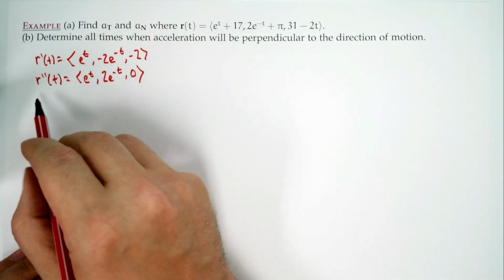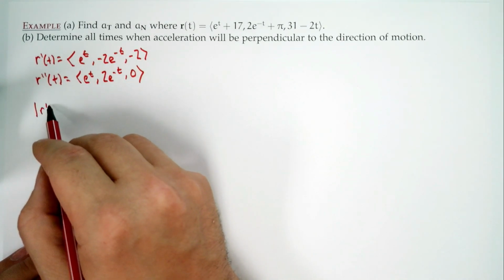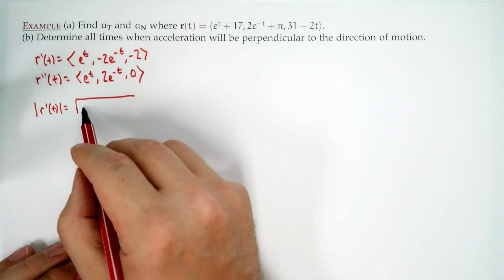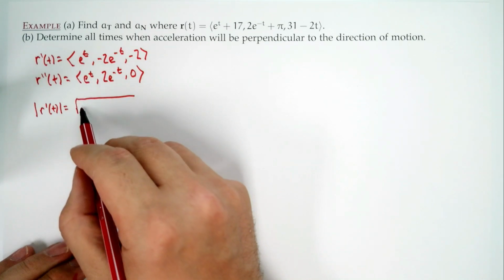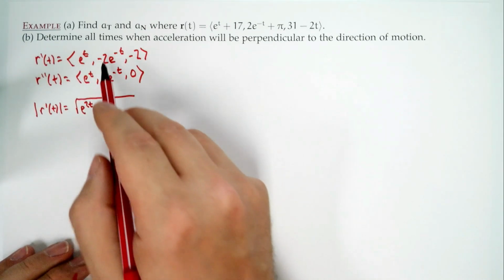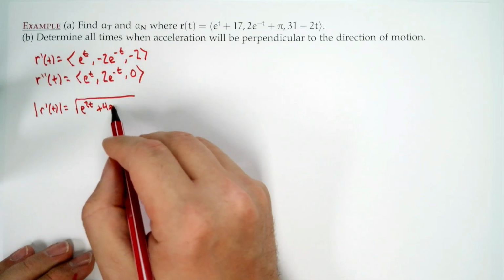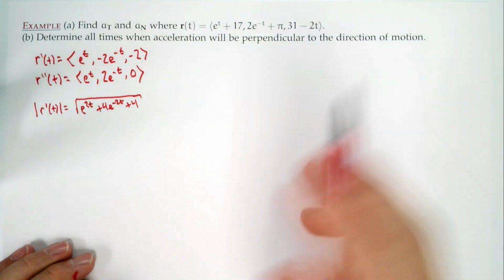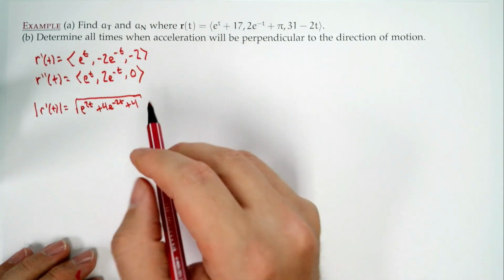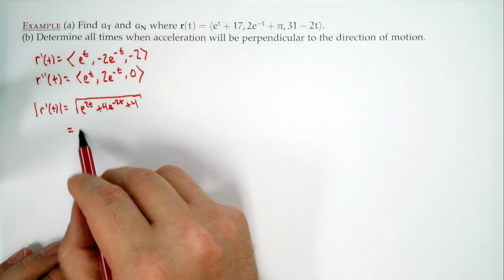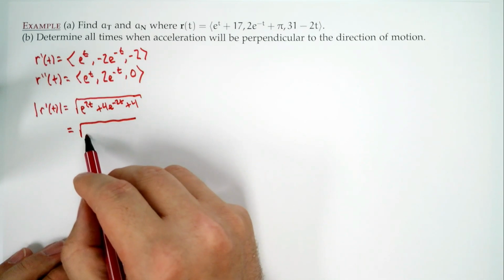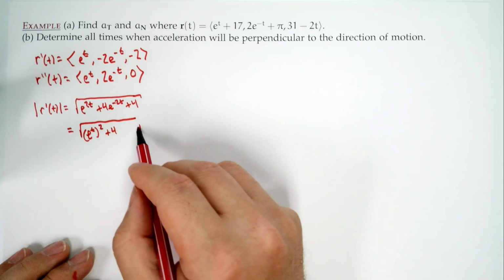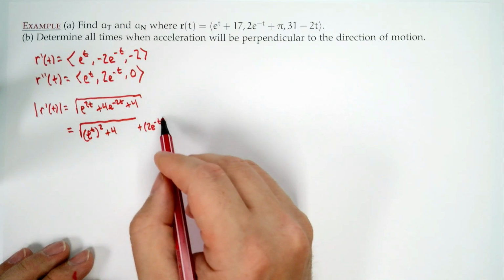What do we need? Well, we need to know the magnitude of r prime. So the magnitude of r prime of t, that's the square root of, square each term, that'll be e to the 2t plus 4 e to the minus 2t, and then plus 4, because we square things so negatives become positive. Now this can actually, and this won't surprise you, we can rewrite this as e to the t squared plus 4 plus 2e to the negative t squared.